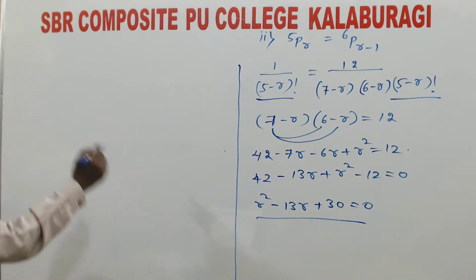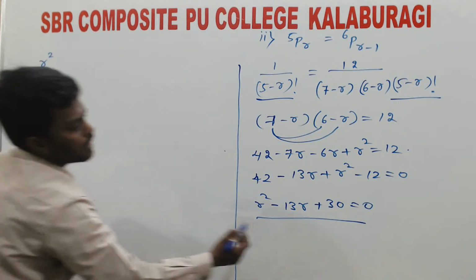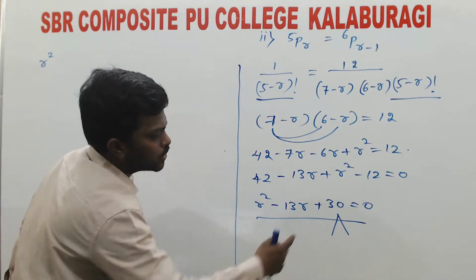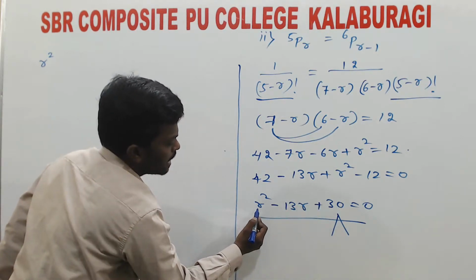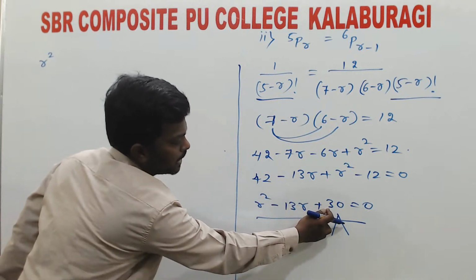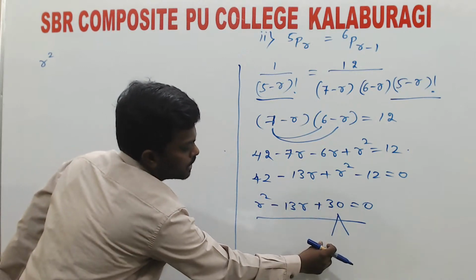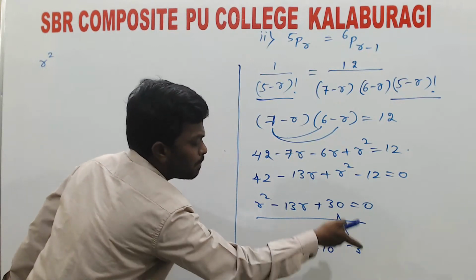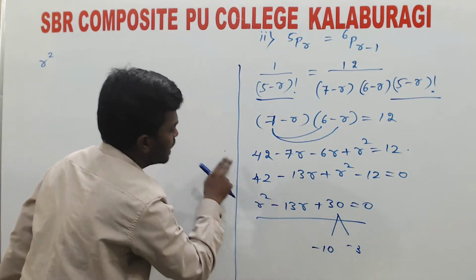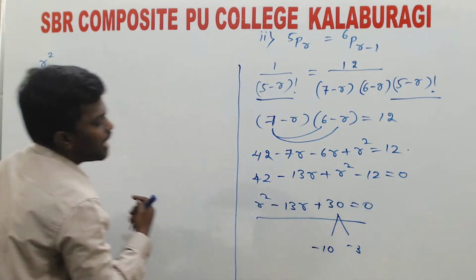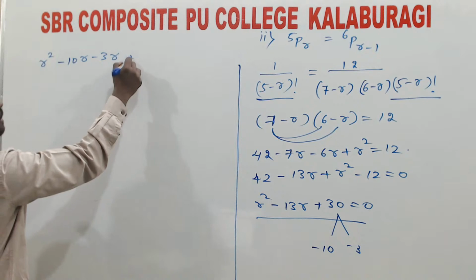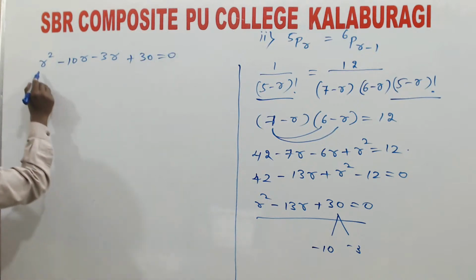Right. So how will you factorize 30? When you multiply, you should get 30, and the r square coefficient is 1. So 1 into 30. The two factors will be minus 10, minus 3, because upon adding also I should get the coefficient of r, minus 13. So r square minus 10r, minus 3r, plus 30 equal to 0.